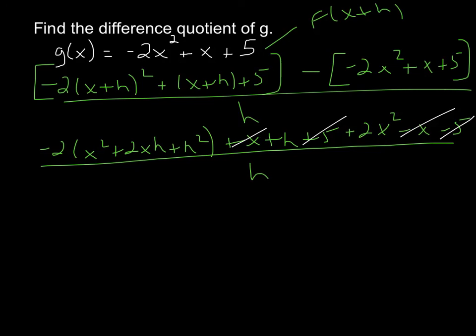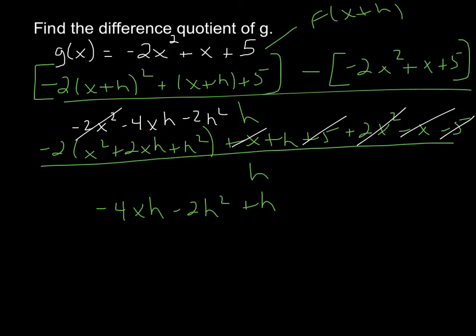Minus 5, plus 5, they're gone. When we distribute over here, we'll have negative 2x squared minus 4xh minus 2h squared. So what's going to happen? Negative 2x squared, positive 2x squared, they're done. So I have negative 4xh minus 2h squared plus an h, all divided by h.